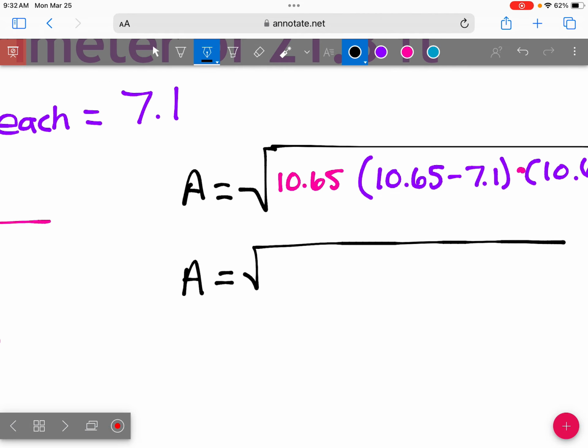Because what we have here is our 10.65 times, it's going to give us, is it 2.5? 3.5 cubed.